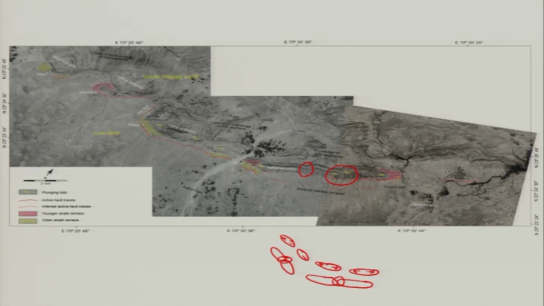So this is the tip of a plunging anticline which is moving in this direction. Whenever there is a rupture or displacement on this particular fault, that is the southward fault, what we envisage is that this will grow further towards the east.